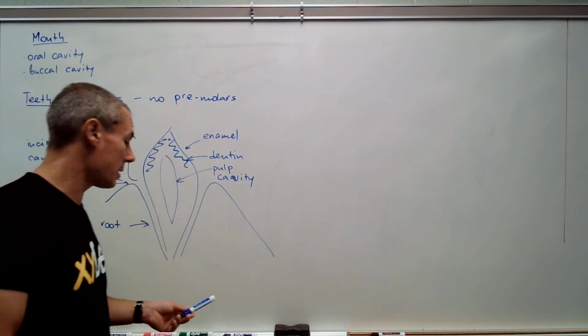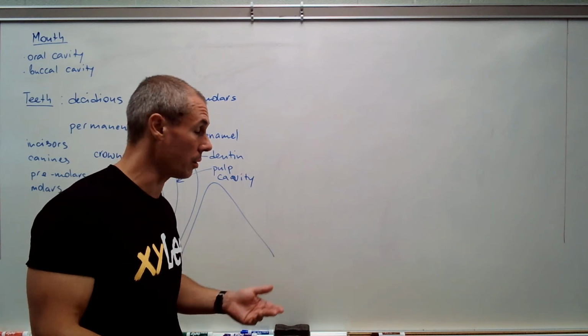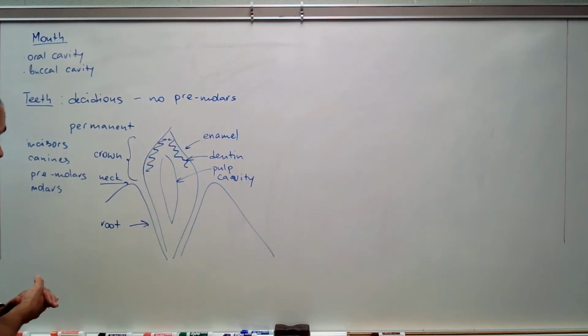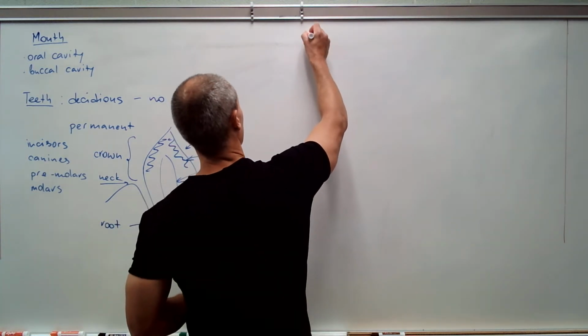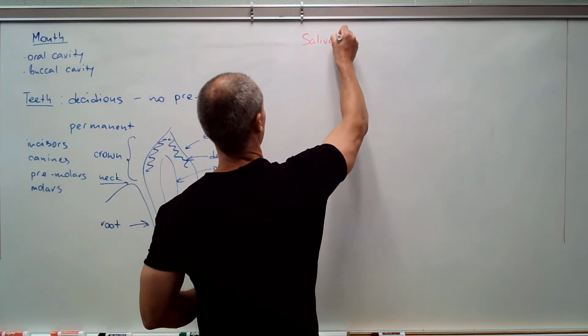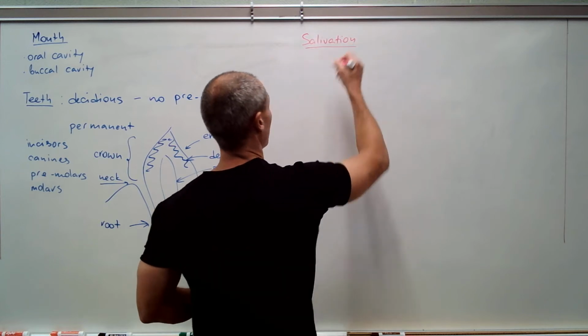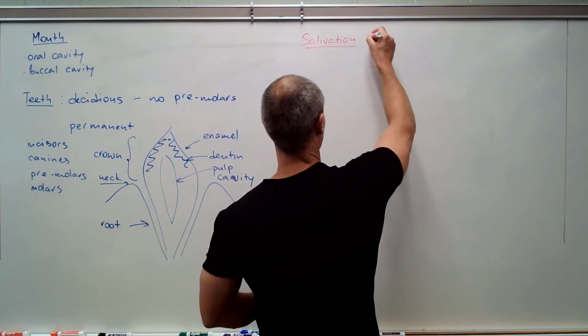Now, mastication, nothing fancy there, just chewing on the stuff. More interesting process is the salivation. So, salivation is your typical autonomic parasympathetic reflex.